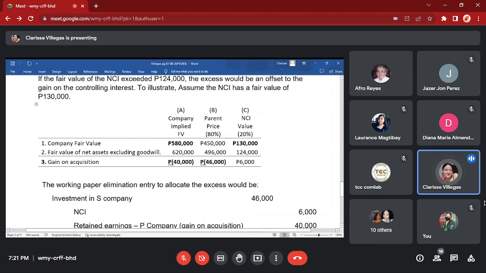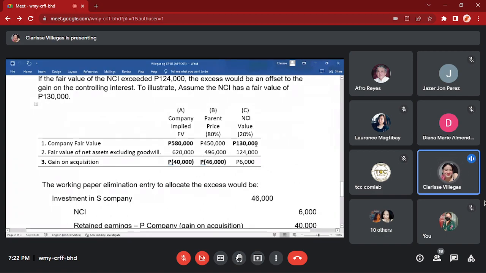Fair value of net assets excluding goodwill: 620 for company implied fair value, 496 for B, 124,000 for C. Same lang din. 580,000 less 620 equals negative 40,000. 450,000 less 496,000 equals negative 46,000.